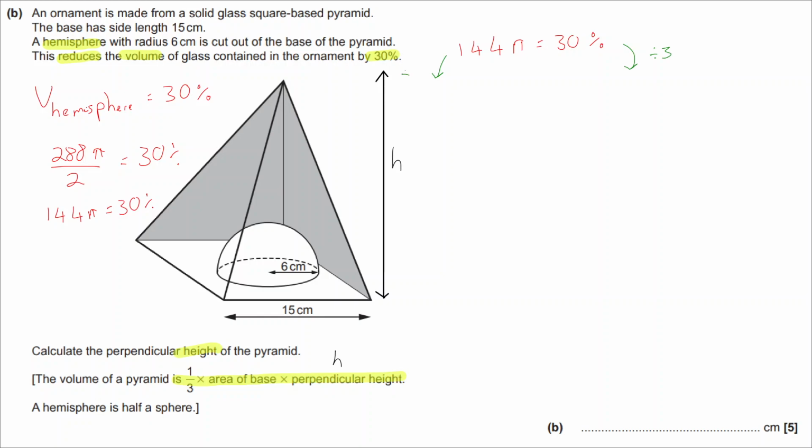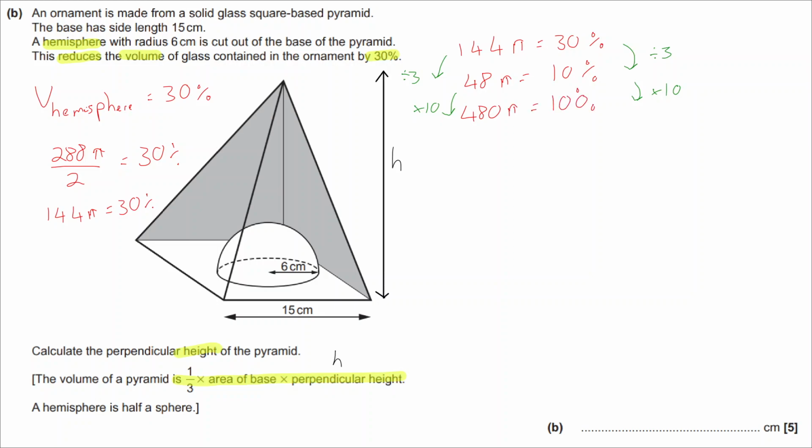Divide by 3, because then I'm going to be getting 144 divided by 3 is 48, so 48 pi is equal to 10%. Now to get 100%, I can upscale easily by just timesing through by 10 and do the same thing over here, timesing through by 10, and that's going to give me 480 pi is equal to 100% of the volume.